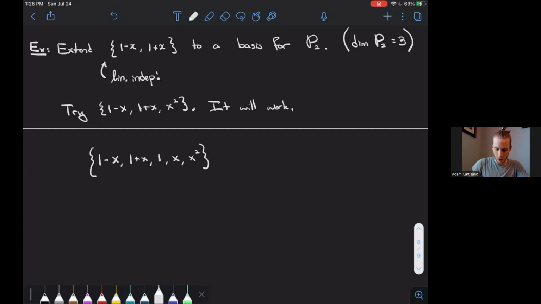Now I know that this set spans all of P2, because this set spans P2, right? I'm not going to lose the spanning property by adding more vectors into my set. No way, right? And so the question is, how many of these guys can I write as linear combinations of the previous ones?